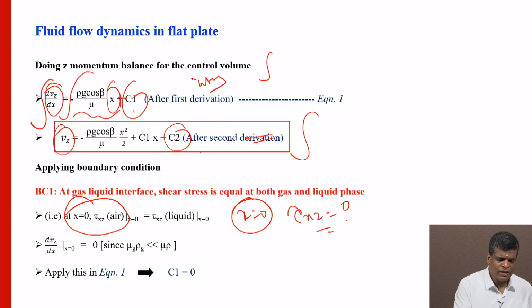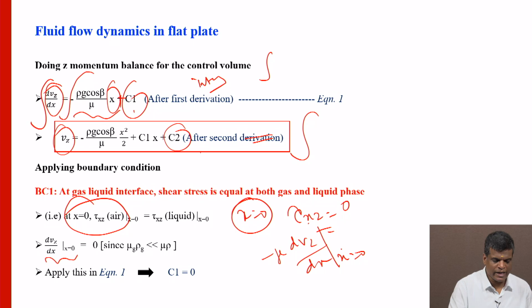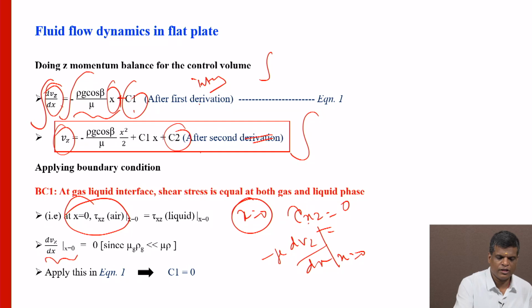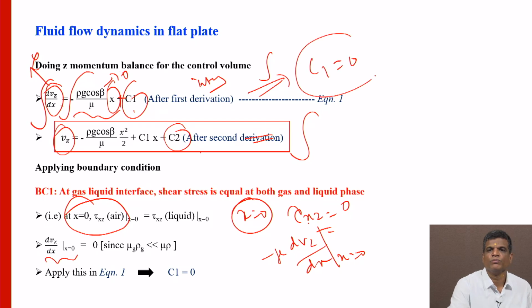That means dv z by dx equal to 0, because tau again we can write as minus mu dv z by dx, so automatically this is 0 at x equal to 0. If we use this in the equation for dv z by dx, at x equal to 0 this part is 0 and this also 0, so we get c1 equal to 0.